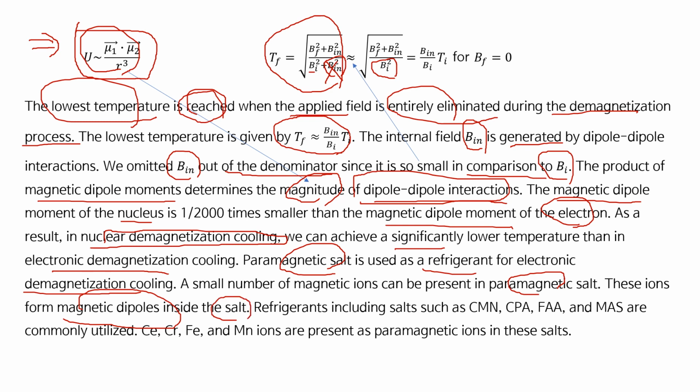Salts such as CMN, CPA, FAA, and MAS are commonly utilized as the refrigerant in electronic demagnetization cooling. In these salts, chrome, iron, and manganese ions are present.